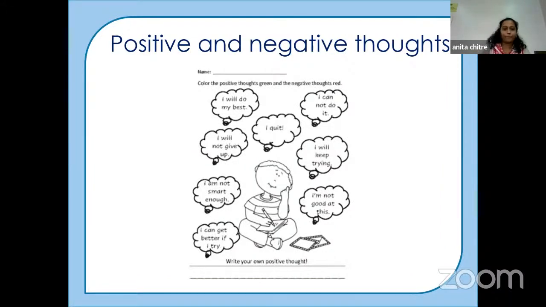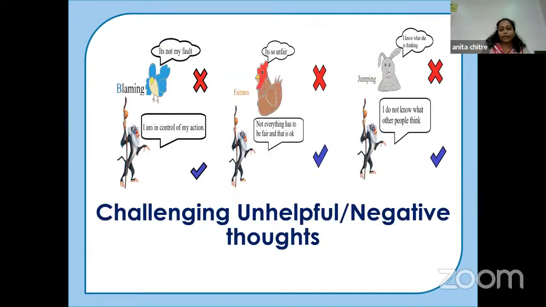Then challenging unhelpful negative thoughts. Now, this is like a child who has a blaming behavior. He always keeps thinking that it is not my fault. So there is a story that we have developed where we make the child understand that if this is the thought, then you need to tell yourself that, okay, I am in control of my actions.